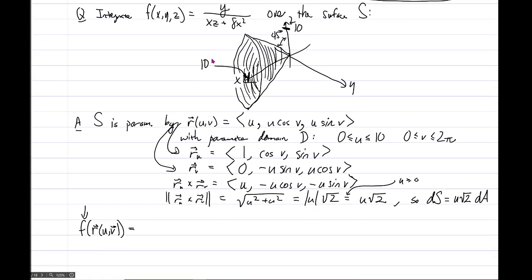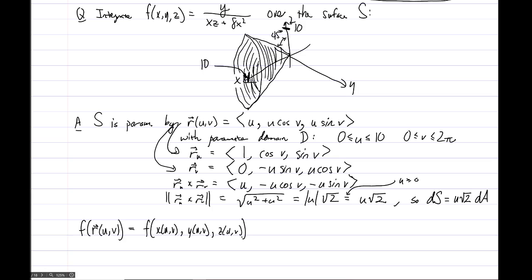But in the same way that we had seen things like this before, in terms of implementation it just means f of x of u comma v, y of u comma v, z of u comma v.